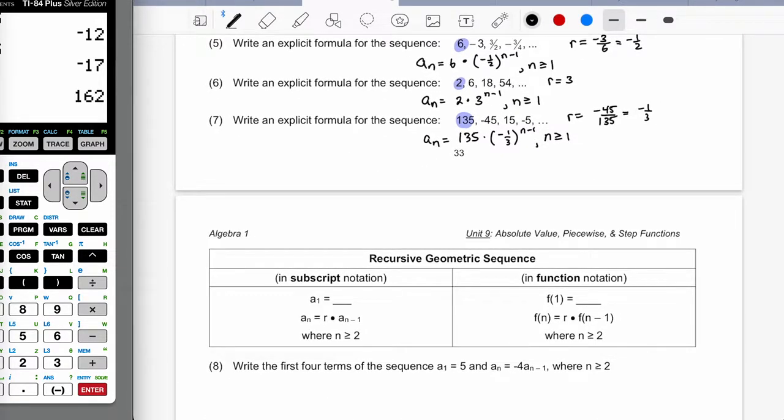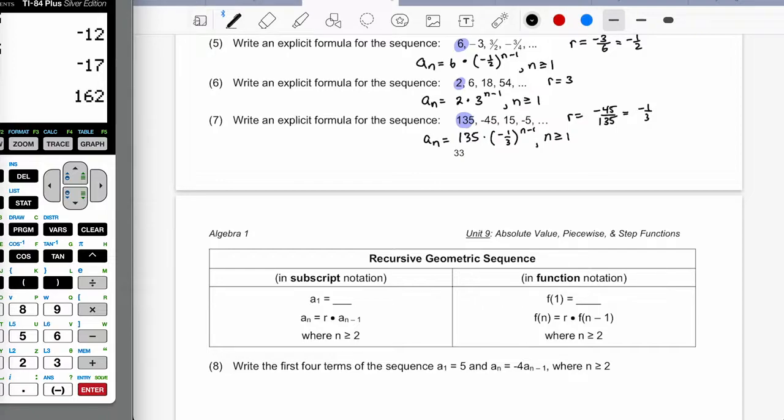All right. So then we just have to do the recursive stuff. Recursive models are structured the same way as the arithmetic. For geometric, we're only looking at a common ratio being multiplied rather than a common difference being added. But we still find the a sub 1, right? Once we do that, we have to know what the rule is that gets you from one term to the next.